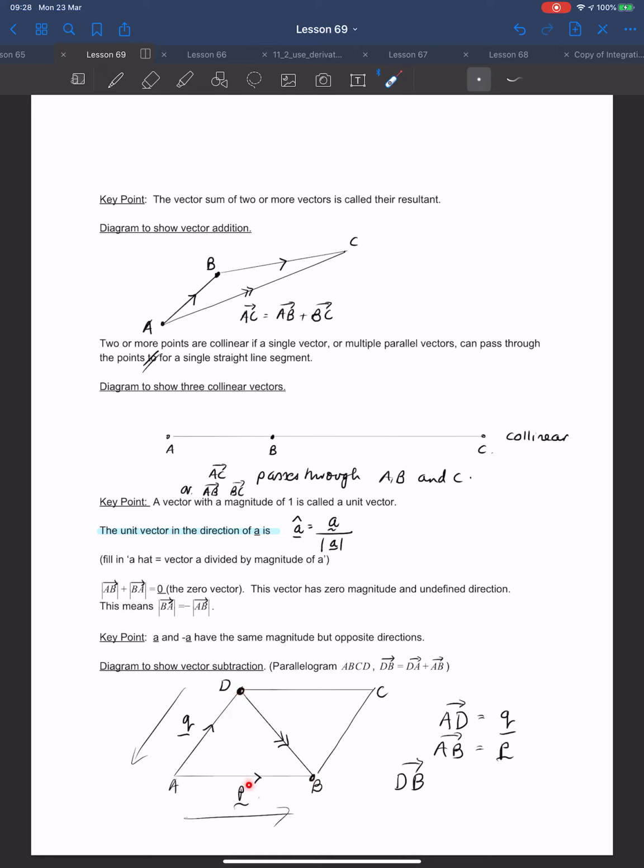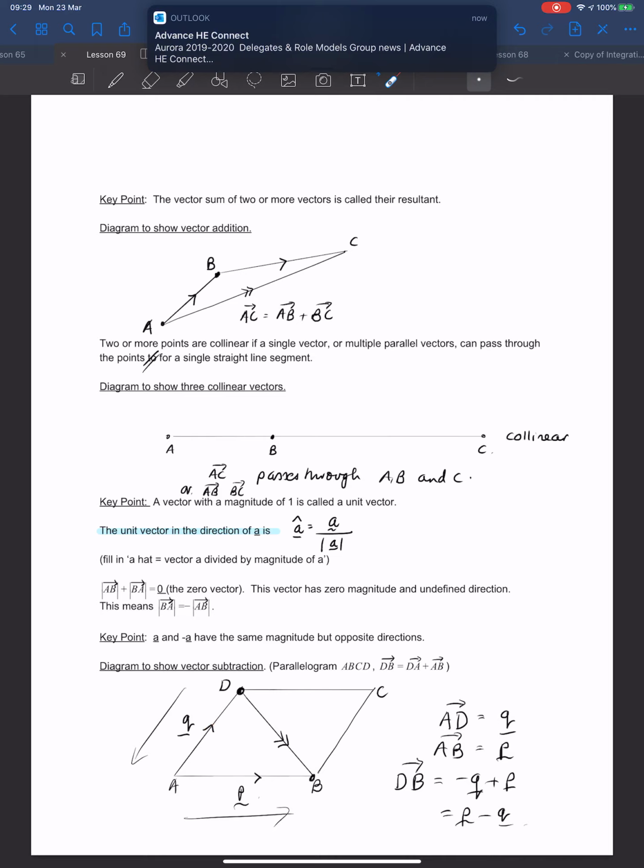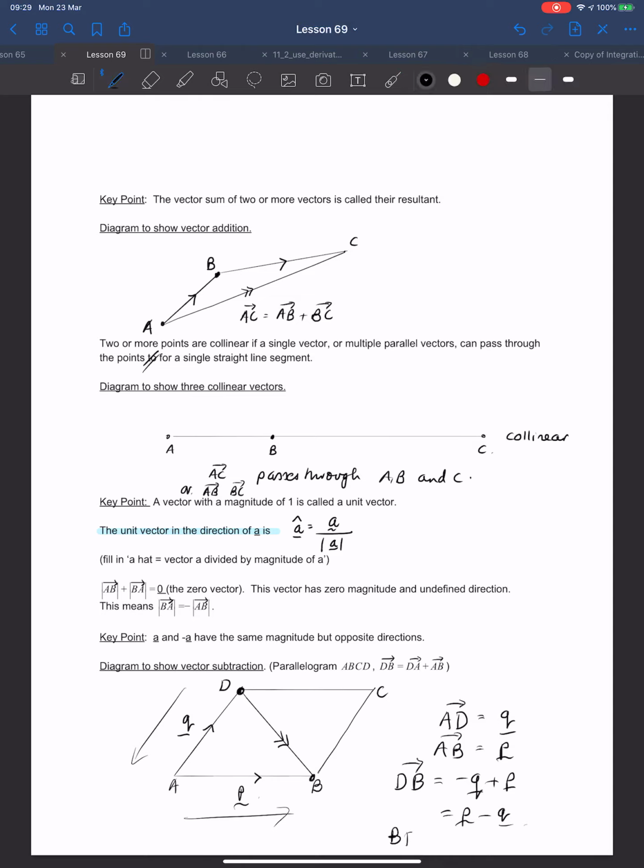So it's minus Q plus P, which you can write as P minus Q. So basically, vector subtraction means you go backwards along the vector. That's the positive Q way, that's the negative Q way. Similarly, if we want to go from B to D, we'd have to do a minus P plus a Q, which is Q minus P.